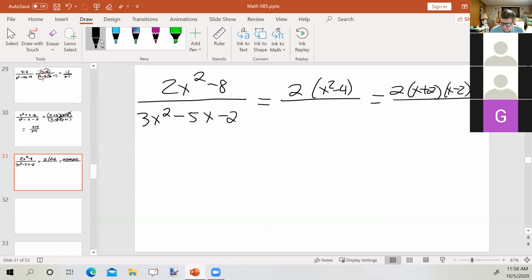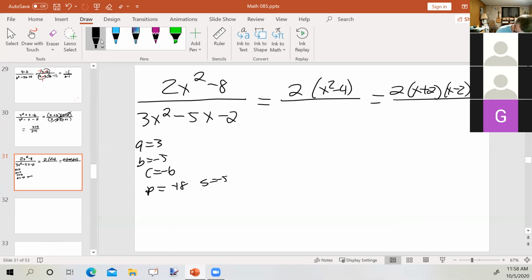Okay. So I factor the numerator completely. To factor the denominator, let's see. A is 3, B is negative 5, C is negative 6, the product is negative 18, the sum is negative 5. Let's see. 9, and is that right? Oh, C is negative 2.